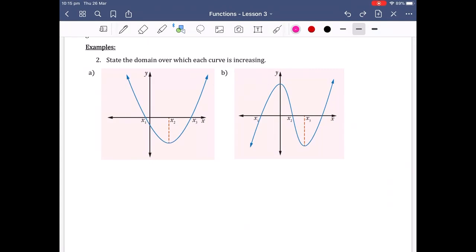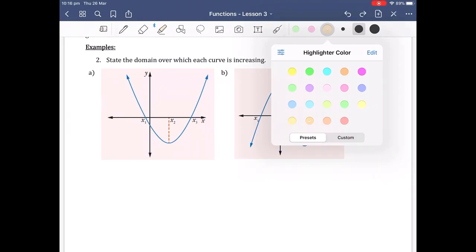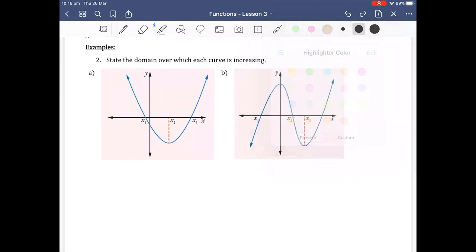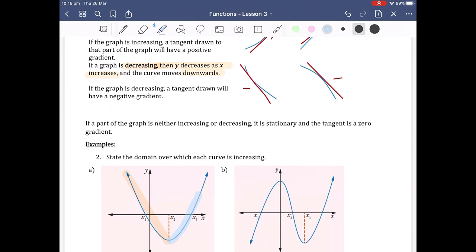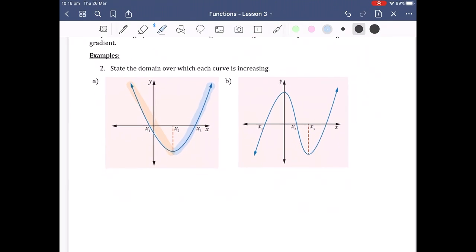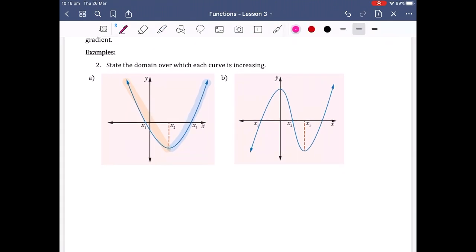But moving on to our example, we want to state the domain over which each curve is increasing. Our first curve is decreasing, decreasing, decreasing, until it gets to this stationary point. Then it starts to increase.